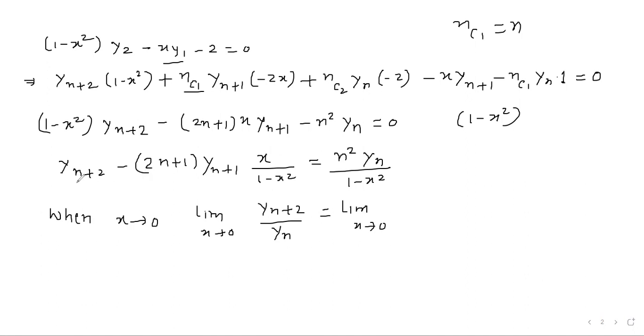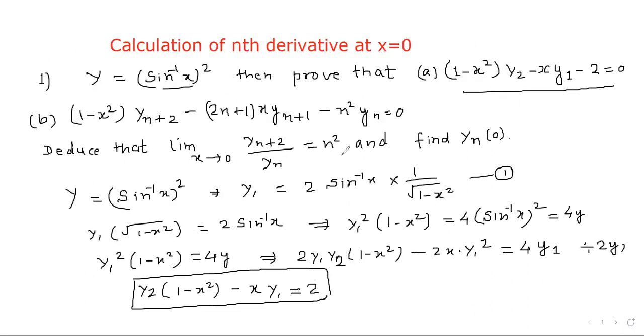So we will be left with y(n plus 2) equal to n square yn. So we have to find y(n plus 2) divided by yn. So this will become only n square, or n square divided by 1 minus x square. And when we put the value of x as 0, we get n square.